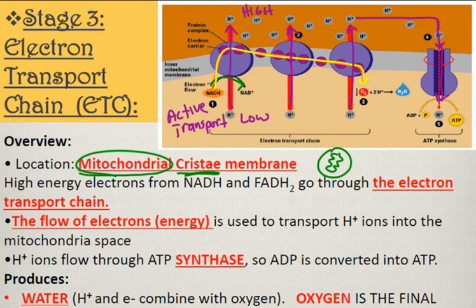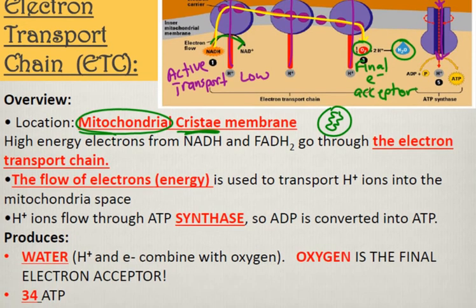However, there is one extremely major detail: the finish line of this electron flow is what's called the final electron acceptor. And that is oxygen. Oxygen will accept electrons and combine with two hydrogen ions to form water. So the final electron acceptor is oxygen.